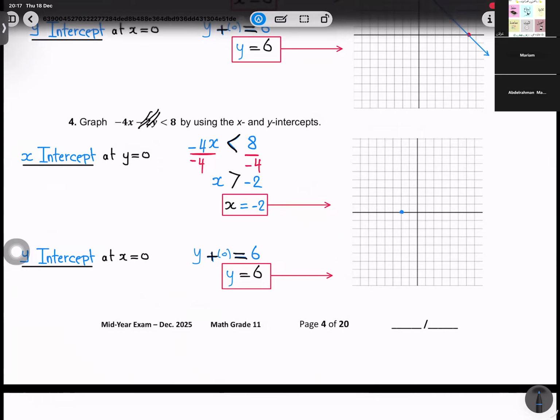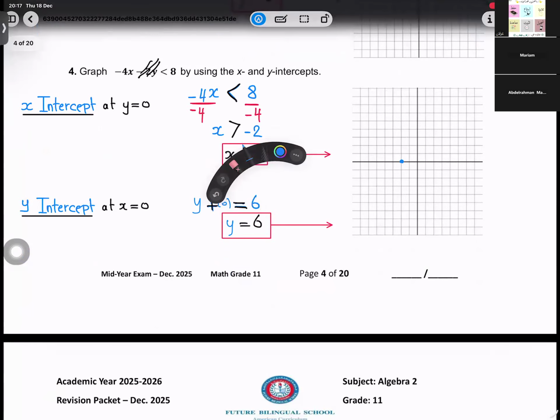And the y-intercept, what is it? When x is 0, 2y is less than 8, so it becomes 4.